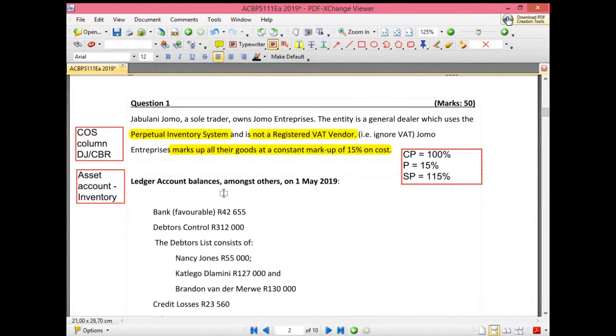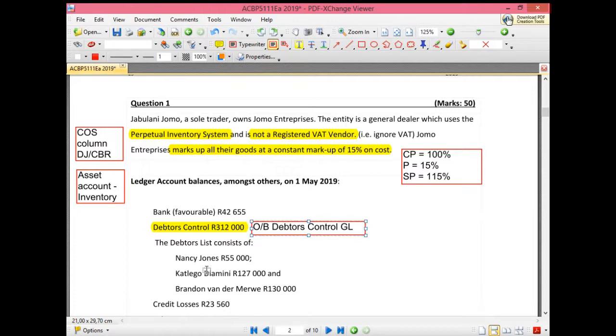Then they give you the ledger account balances. So they tell you the bank is favorable, debtors control. So the debtors control amount I require for my general ledger amount. This is the OB, the opening balance for the debtors control GL, which we need to do, so you would have to capture that in that account.